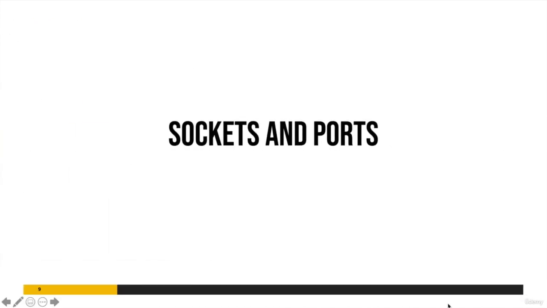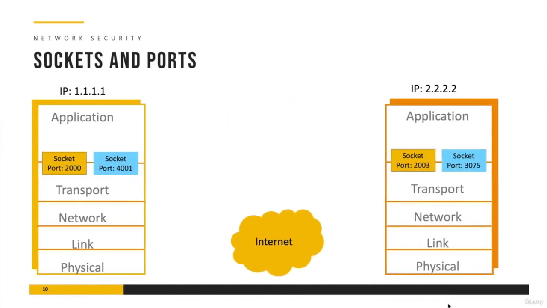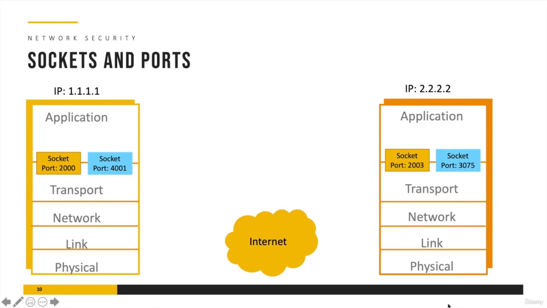Sockets and ports are important concepts that you need to understand at the transport layer. So basically, consider this example. We have two systems. The first system has an IP of 1.1.1.1 and you need to send some data to a destination system with an IP of 2.2.2.2.